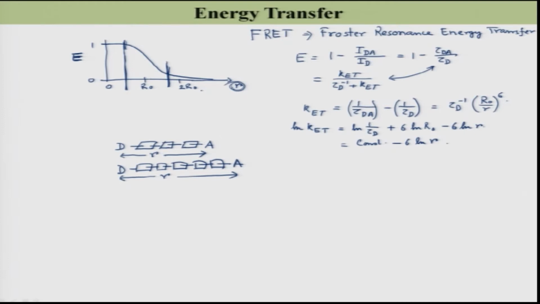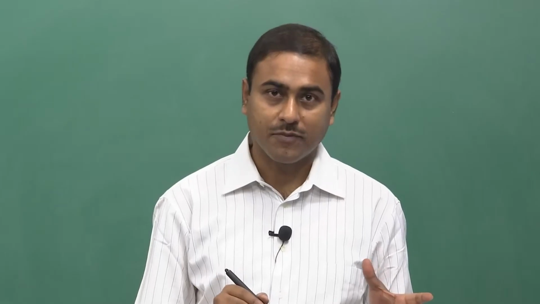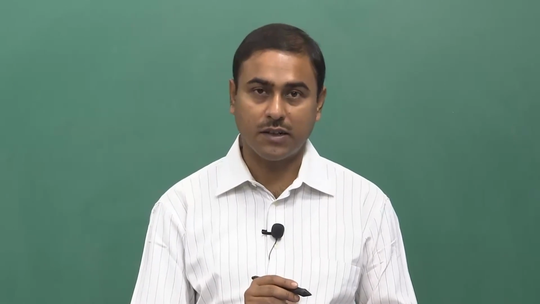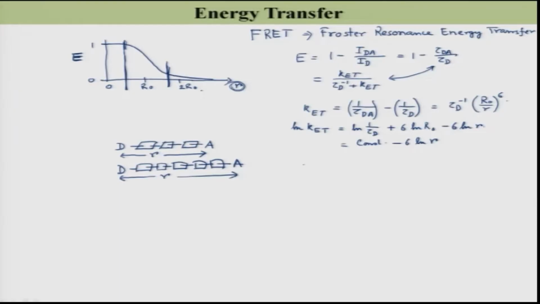You should not change the donor and acceptor, and that was done to prove whether this Foster resonance energy transfer is valid or not. So, what you simply do is plot ln k_ET versus ln R, because you know all those things, and it was proved that the slope in this case is equal to minus 6.